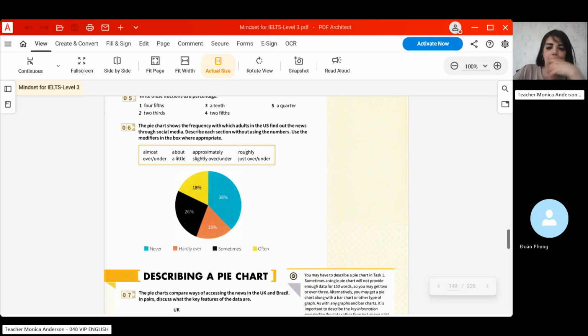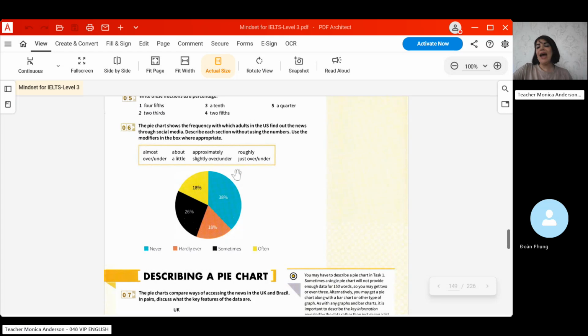Okay, yeah. Yes, often. And you say how to write it. I think that's approximately a fifth. Yes, approximately a fifth. I think it's under a fifth, right?